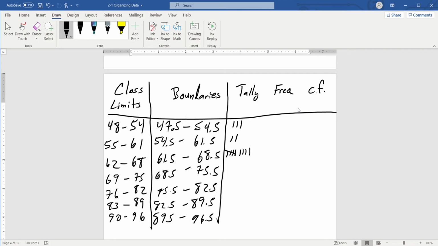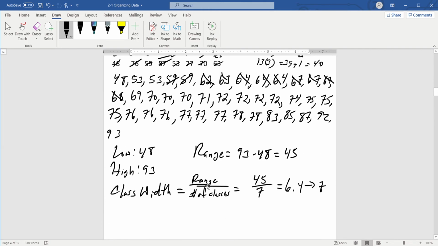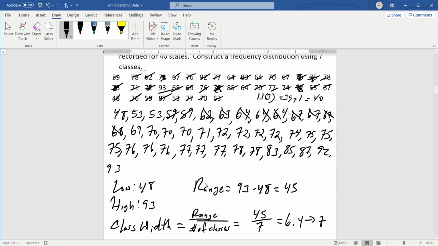And it looks like I had 9 of those. 69 to 75. Looks like 13.